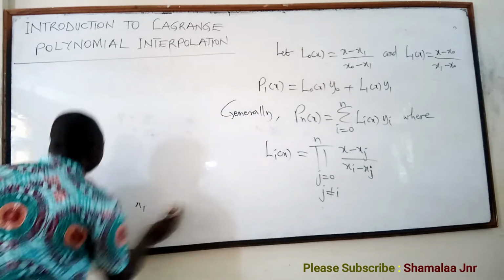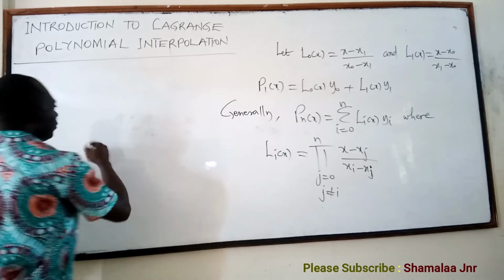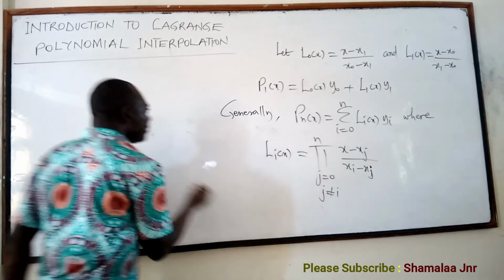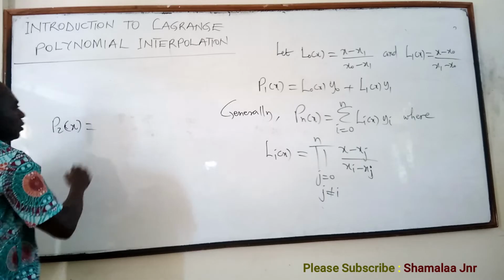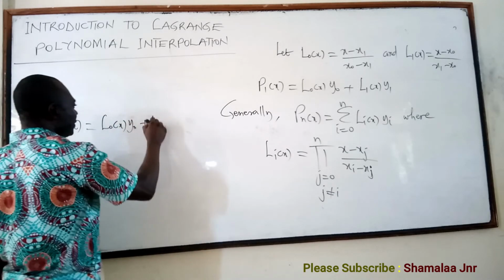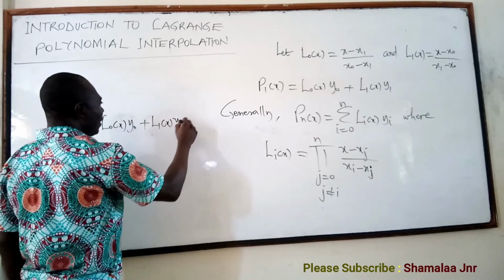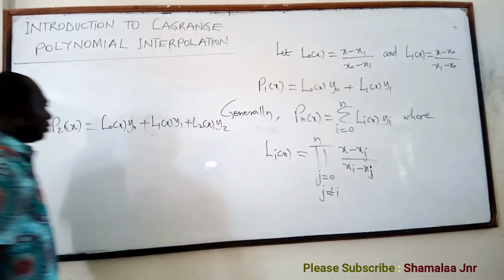Now, viewers, if you have a polynomial of degree 2, and you are using these formulas which we have all derived, then you are going to have P2 of x equal to L0 of x y0, plus L1 of x y1, plus L2 of x y2.